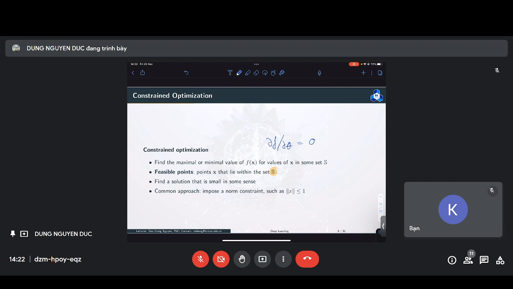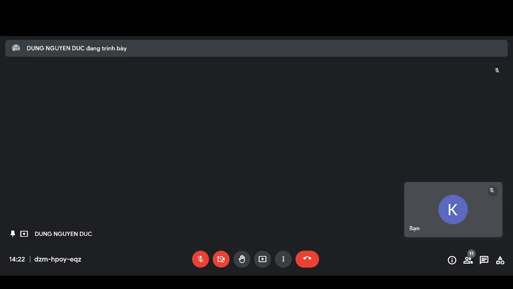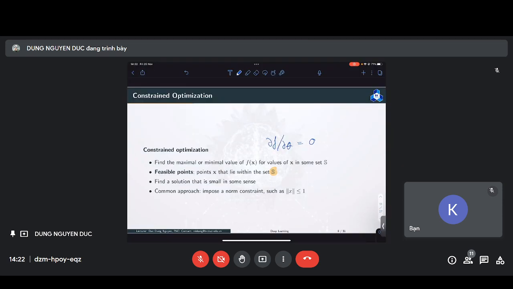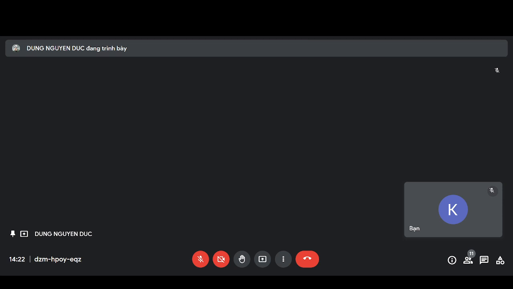Then, in order to solve that, we have to constrain our parameters a little bit. For example, you may employ the constraint that you don't want your parameters to be larger than one. So in this sense, you may set up some sort of constraint like this.